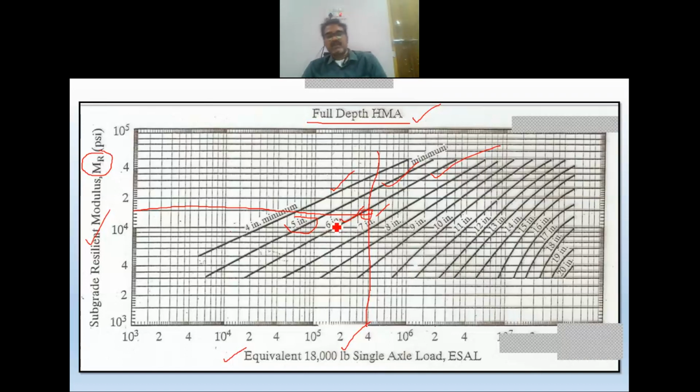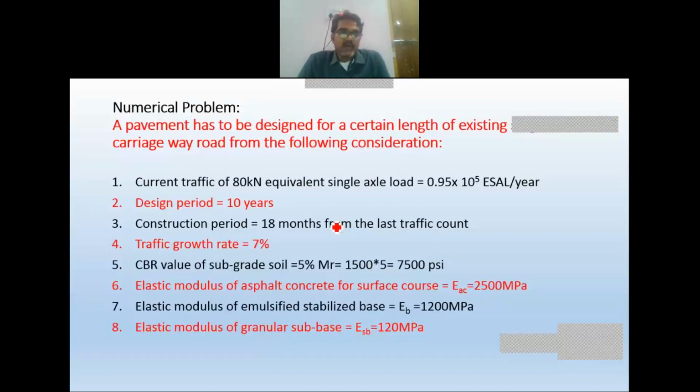Anyway, we'll discuss the design methodology after knowing the data given in the numerical problem. Now we look at the numerical problem. The flexible pavement has to be designed for a certain length of existing carriageway road from the following considerations. Current traffic of 80 kilonewton equivalent single axle load is given as 0.95 into 10 power 5 equivalent single axle load per year.